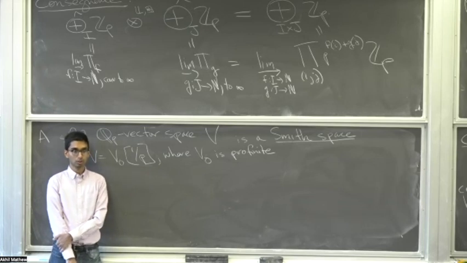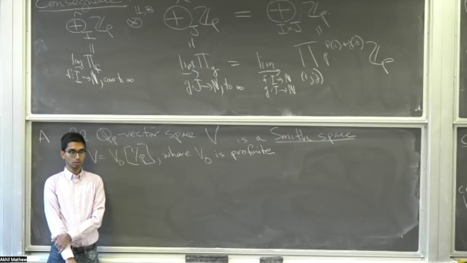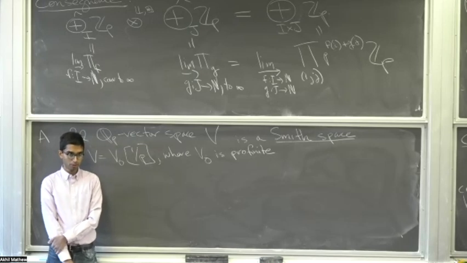So this would be what classically is a topological vector space.